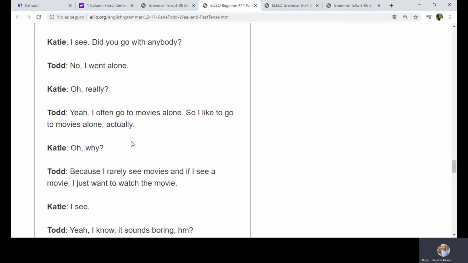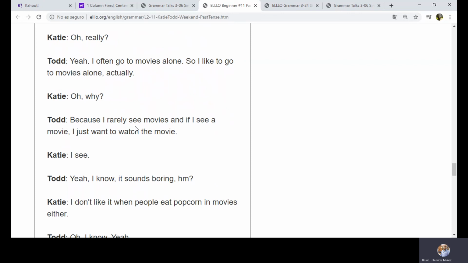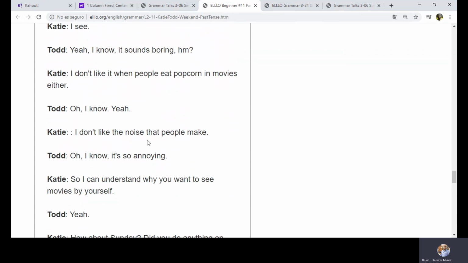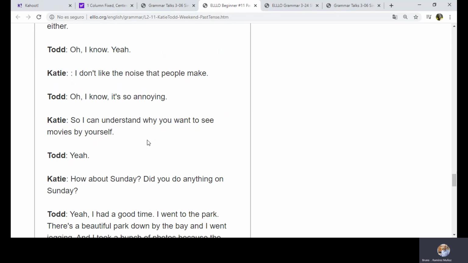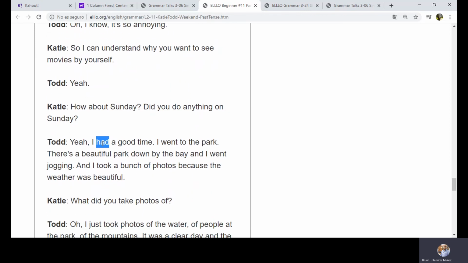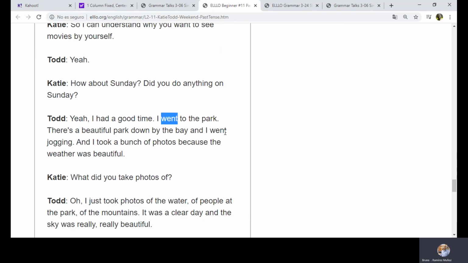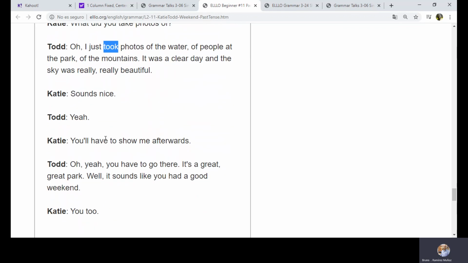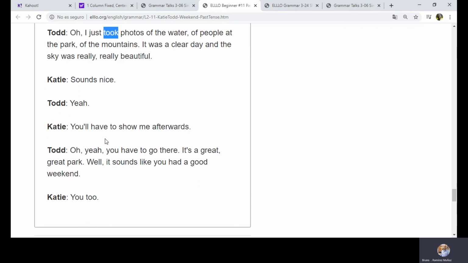Then we have present simple: go to the movies, see movies, sounds boring, etc. Had, went, all of them irregular, went, took, irregular, took again.